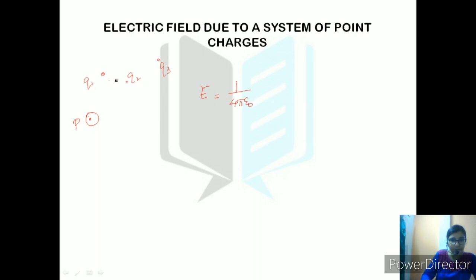Due to first one, it is what? 1 by 4 pi epsilon naught Q1 by square of the distance between them. Okay, suppose the distance between them is R1. Square of the distance between them, right? And due to the second one, 1 by 4 pi epsilon naught Q2 by, suppose here the distance is R2, that is R2 square.